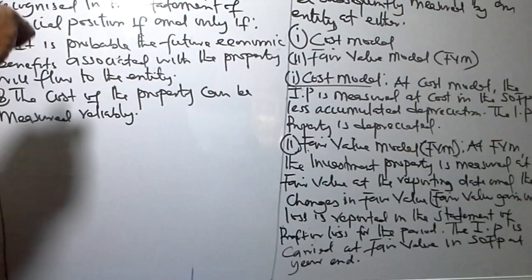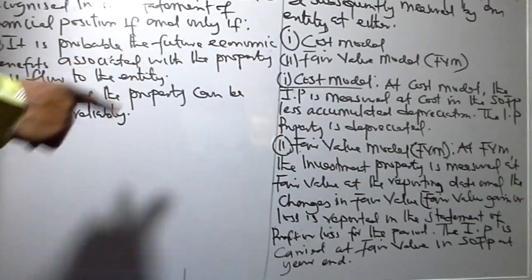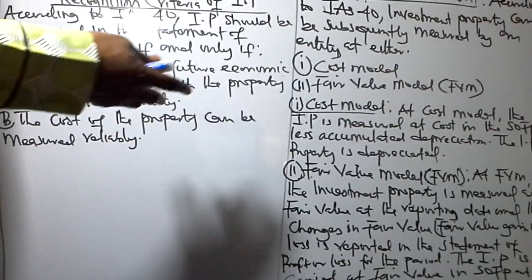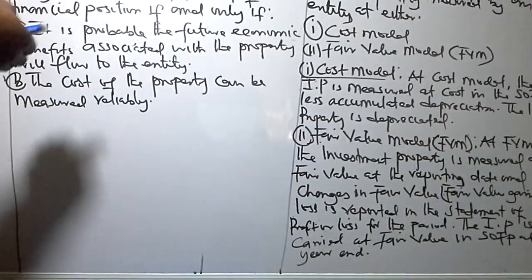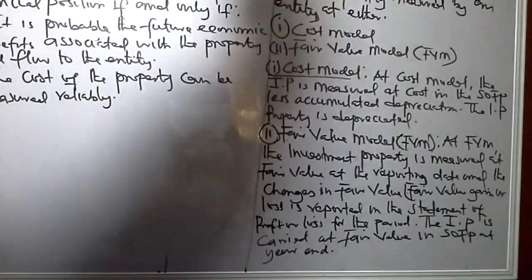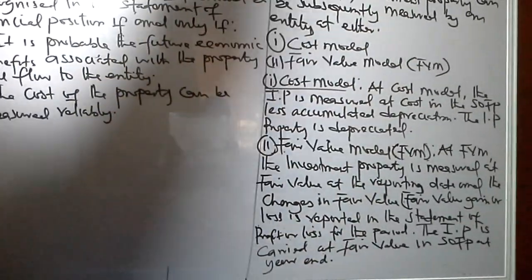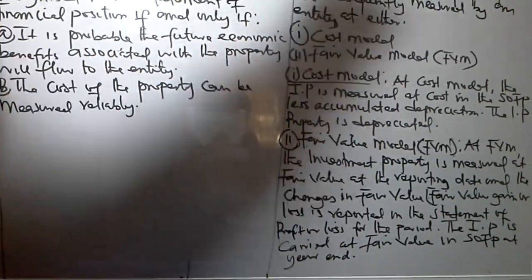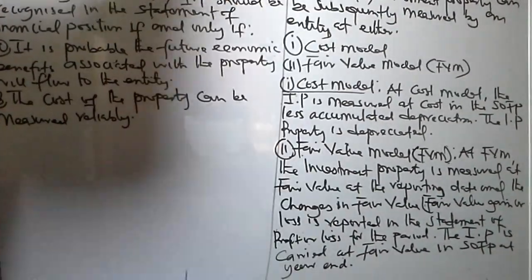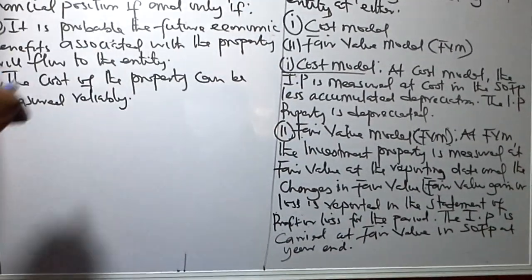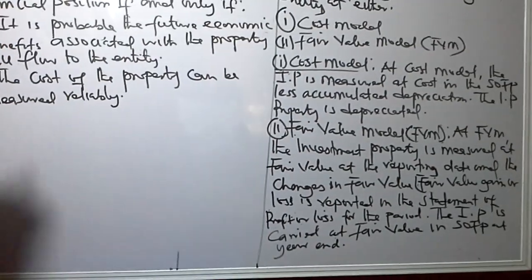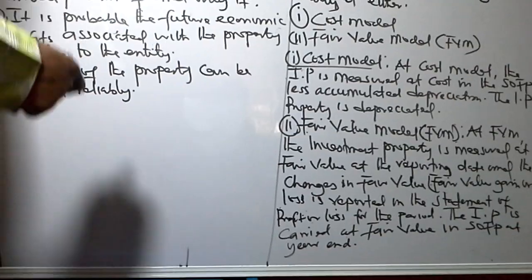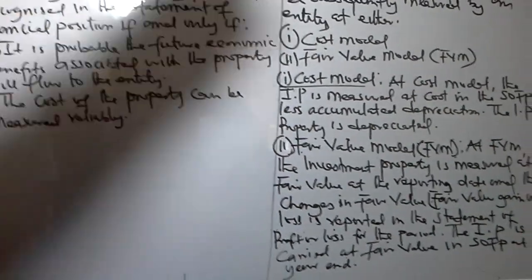So it means that you are going to depreciate that investment property just like your PPE. So the value will be the cost less depreciation and any impairment to get the carrying value that will be in the balance sheet or our statement of financial position, while the depreciation and the impairment will go to the P&L or the income statement as an expense.